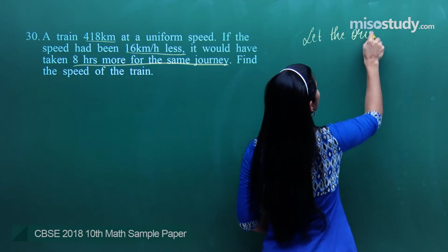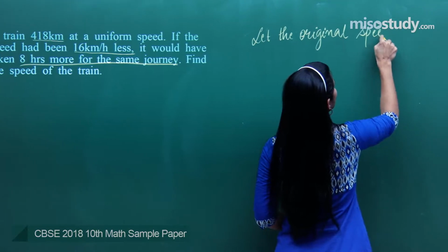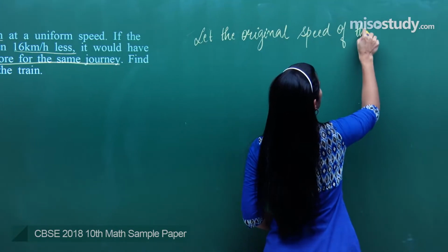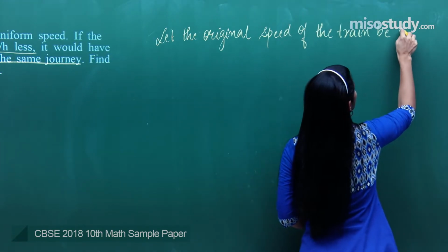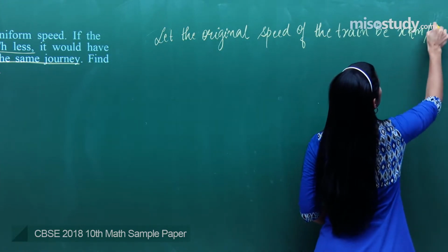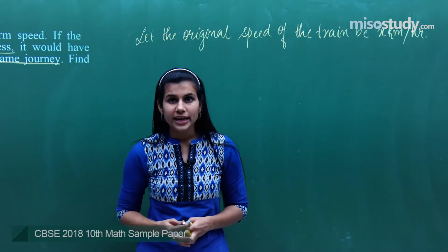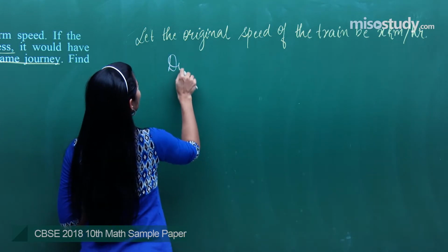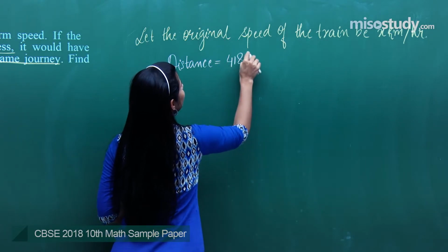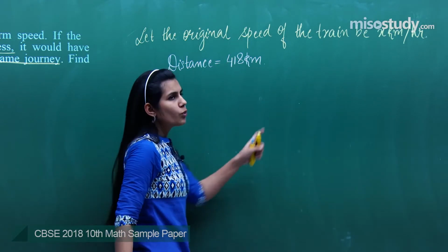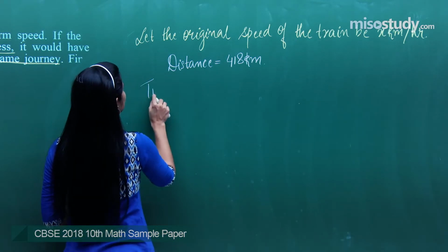Let the original speed of the train be x kilometers per hour. If this is the speed of the train, distance I know is 418 kilometers. With this original speed and this distance, how much time is taken?